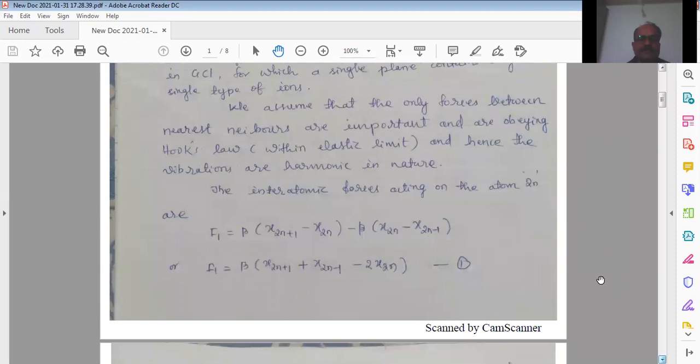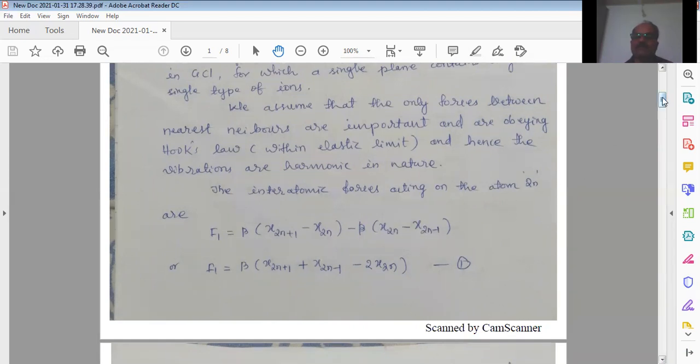Coming back to this, the interatomic forces acting on the atom 2n are given by this equation: F1 is equal to beta into (x2n minus 1 minus x2n) minus beta into (x2n minus x2n minus 1).